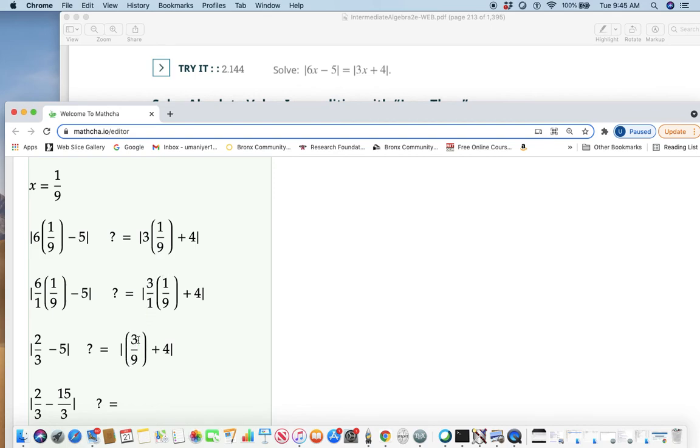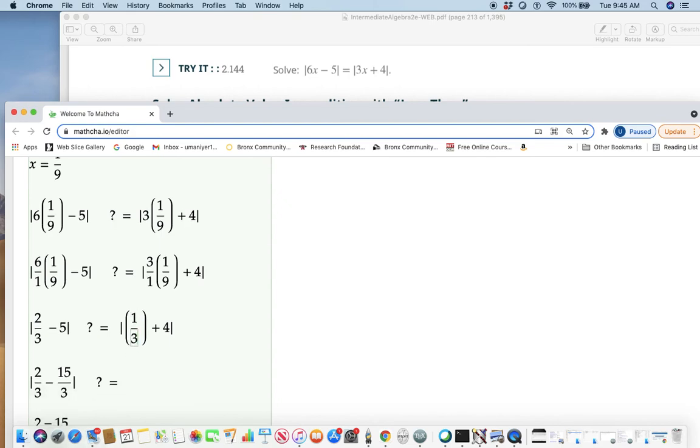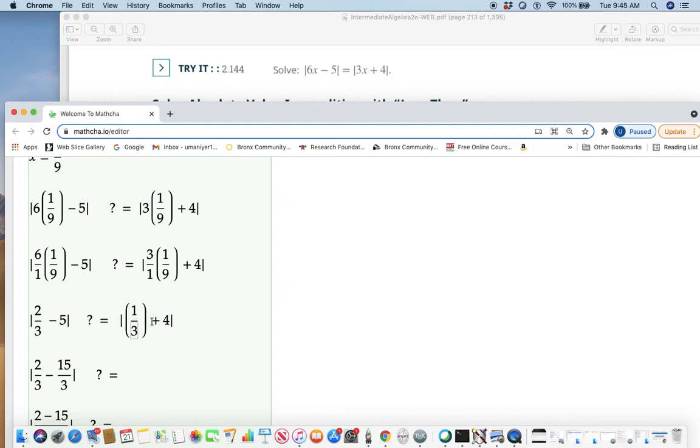Reduce, 3 goes in 3 once, 3 goes in 9 3 times, so that's that product. And now you are adding 4. When you add 4, 4 is fraction 4 over 1.